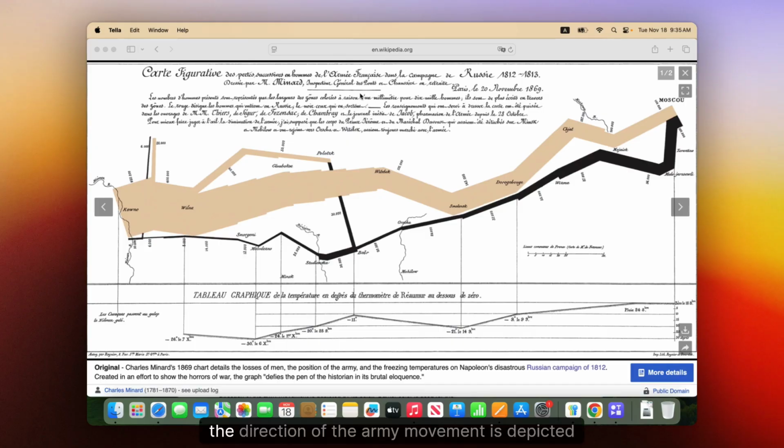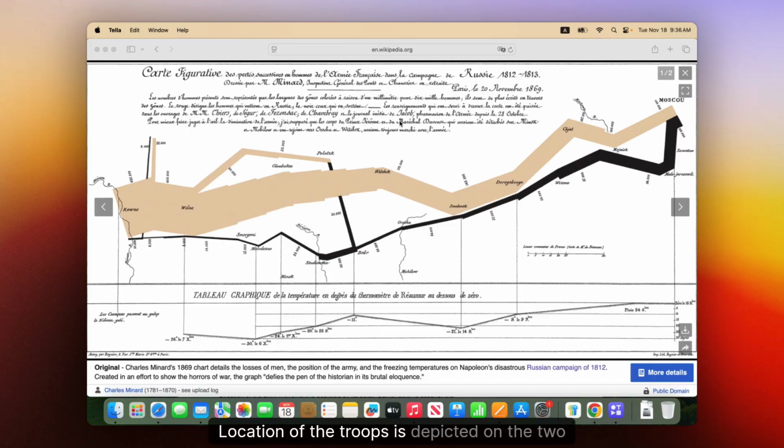Next, the direction of the army movement is depicted with the help of color. Charles Joseph Minard is using red for the army moving towards Moscow, and black is the color of the retreat.